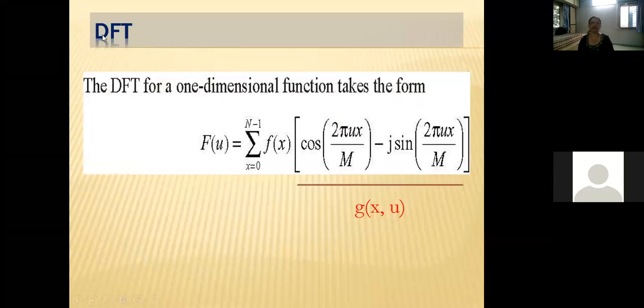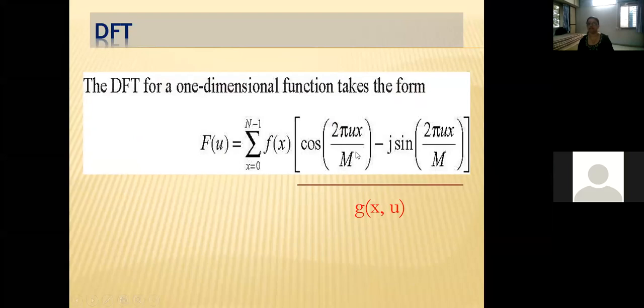Now in the case of DFT, this forward transform of a one dimensional function is given as shown here: f of x into cos of 2 pi ux by m minus j sine 2 pi ux by m. All of you are very familiar with this term, and this has to be summation x runs from 0 to m minus 1.